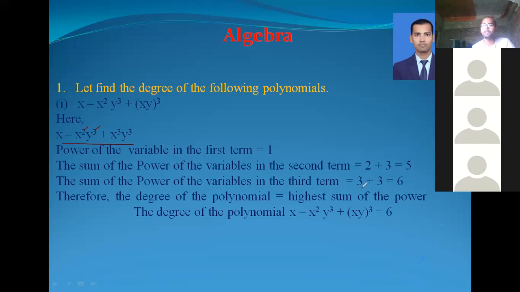That means the greatest number among the given powers. So the degree of the polynomial x minus x square y cube plus x cube y cube is equal to 6, which is the answer.